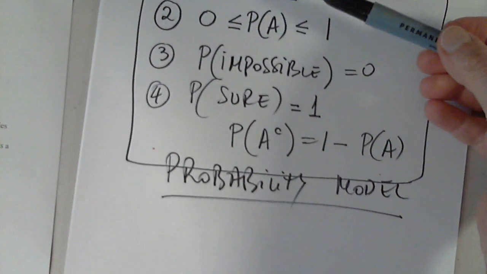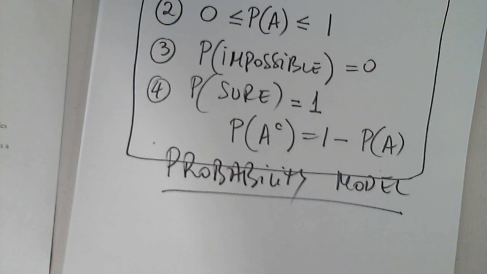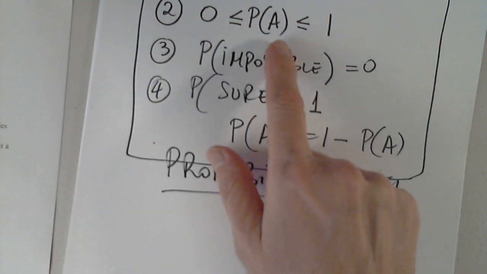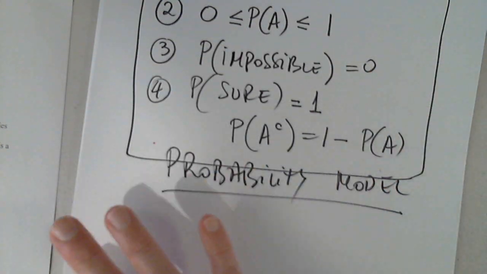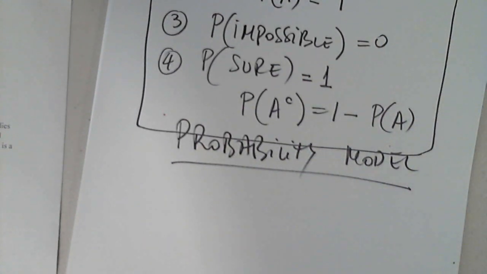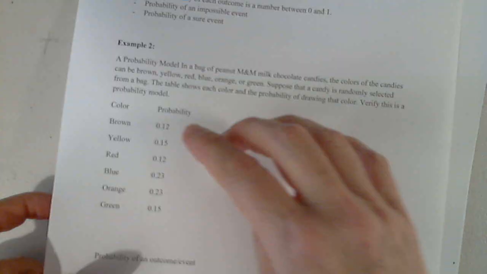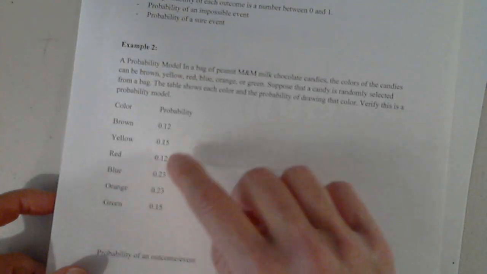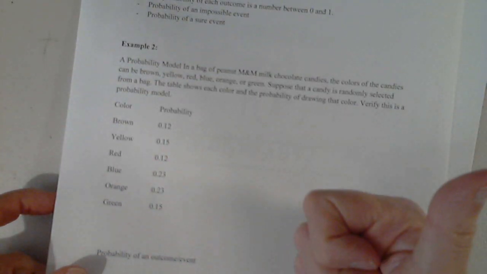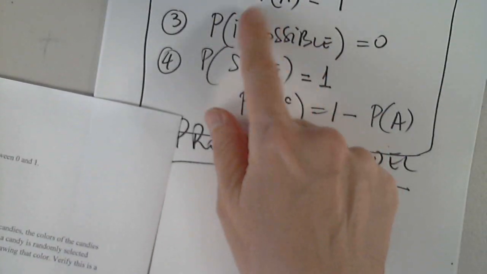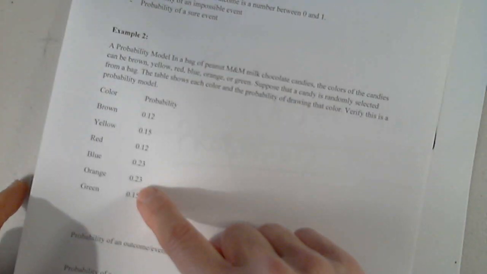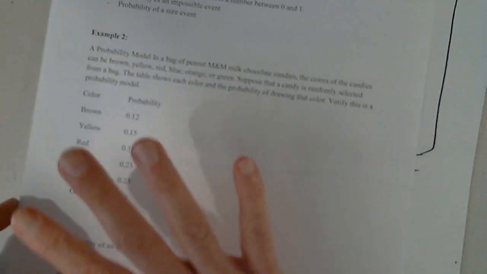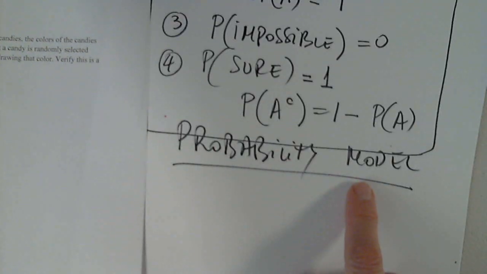If all probabilities of all possible outcomes do not add up to 1, if the probabilities are not between 0 and 1 and the impossible 0 and the sure 1, then that's not a probability model. So first of all, I have to make sure that the probability for each is a number between 0 and 1. Check. Yes, it is a number between 0 and 1. The next thing I have to check is that all these add up to 1. If they don't add up to 1, I'll say it's not a probability model. It's anything else but not a probability model.